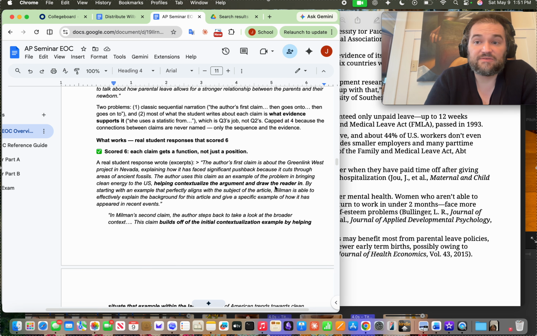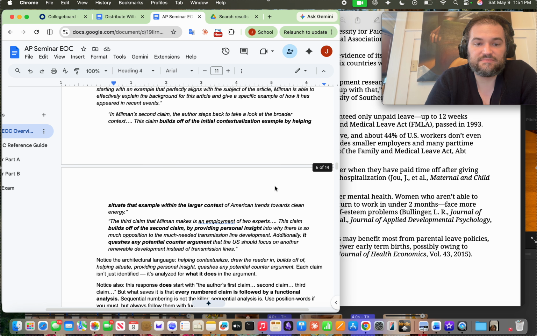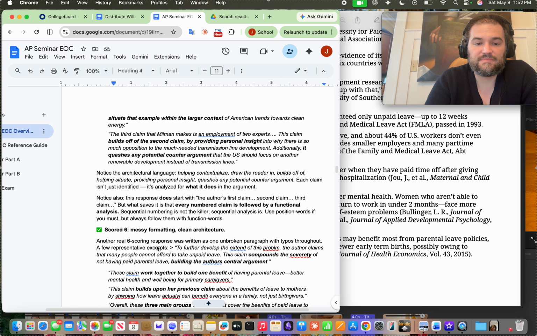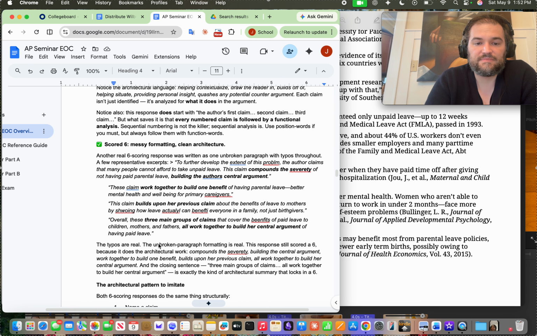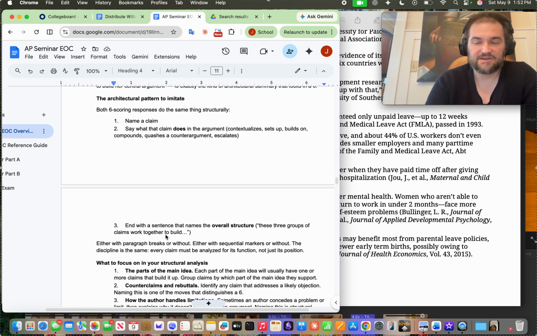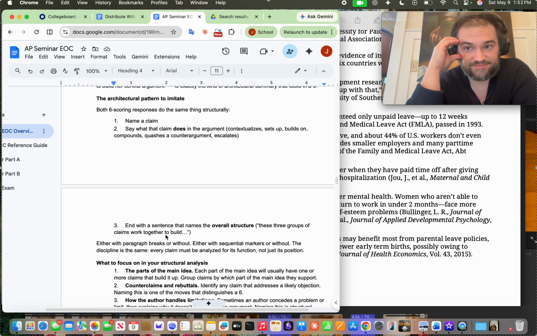In a sense, you're talking about what role the claim serves in the argument, rather than just saying it comes second or third in the argument. So maybe a better name for it would be functional, not structural.